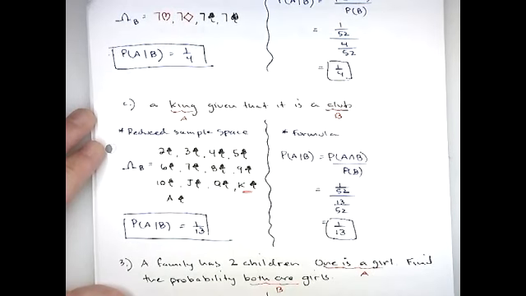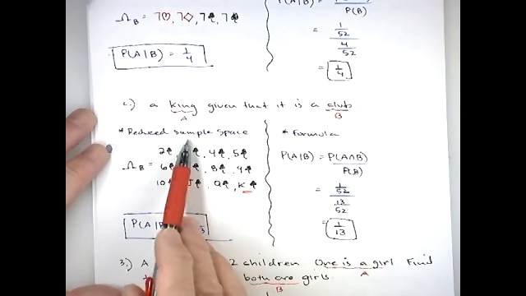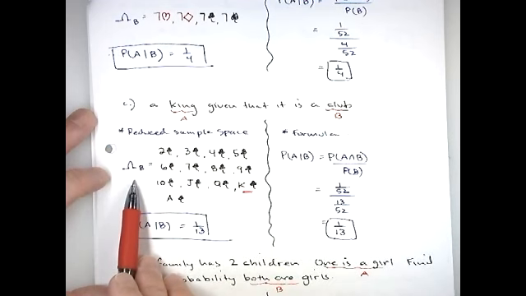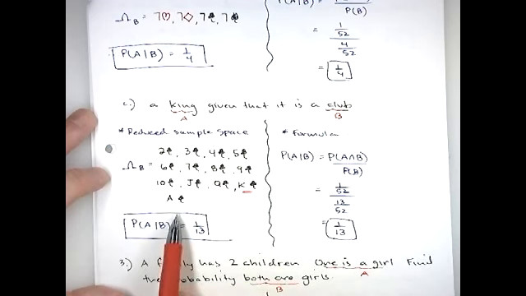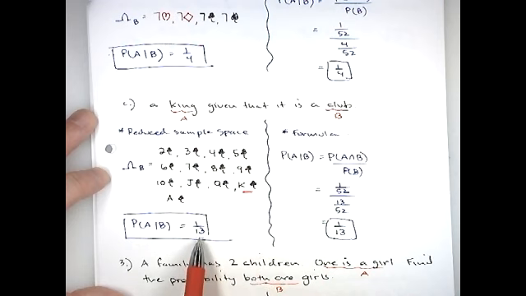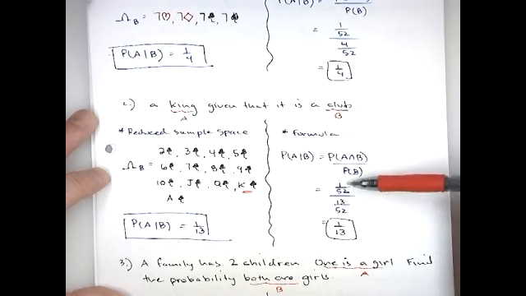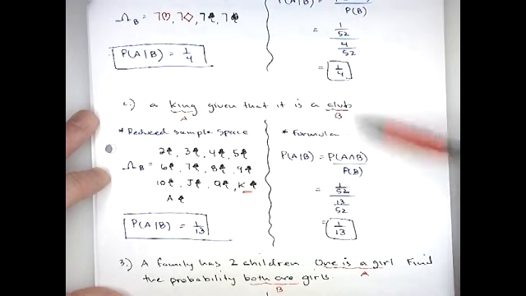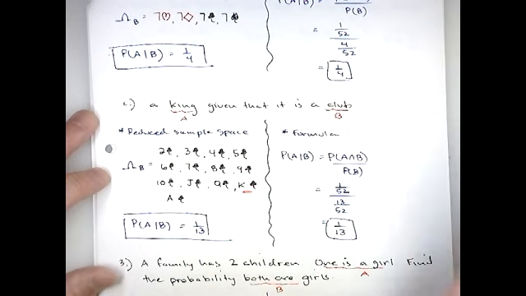If we use the reduced sample space, then we would only be considering clubs, because we knew that was the suit we picked. There's all 13 of those. And the probability that we got a king is that 1 king out of the 13 clubs, 1 out of 13. Using the formula, the probability that I got both a king and a club is the king of clubs, 1 out of 52, divided by the probability of getting a club, which was 13 out of 52, same answer.